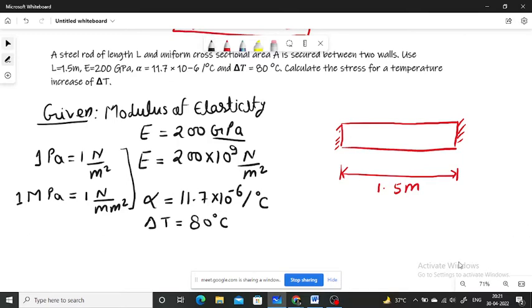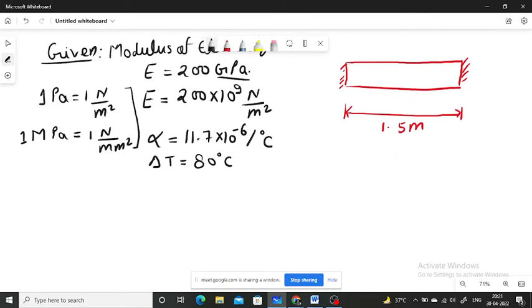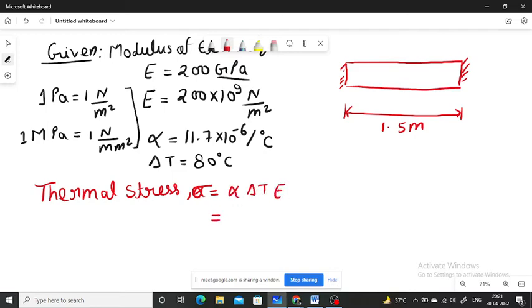Now from the above equation we know that thermal stress sigma is equal to alpha into delta T into E. Here alpha is 11.7 into 10 to the power minus 6, into delta T is 80, into E is equal to 200 into 10 to the power 9.